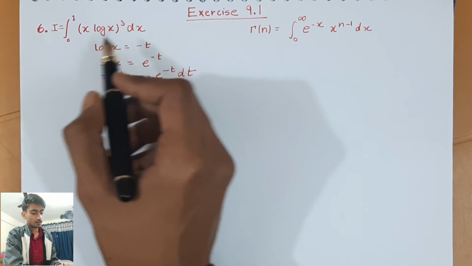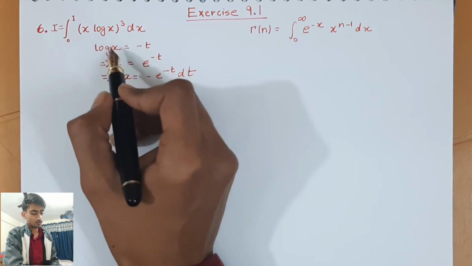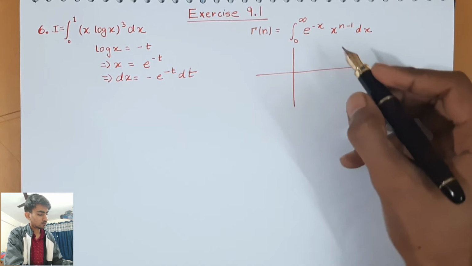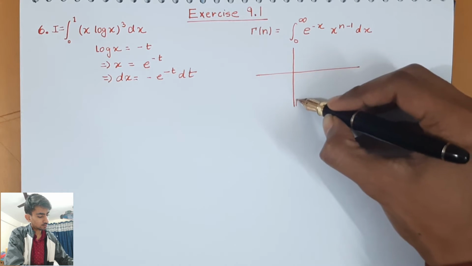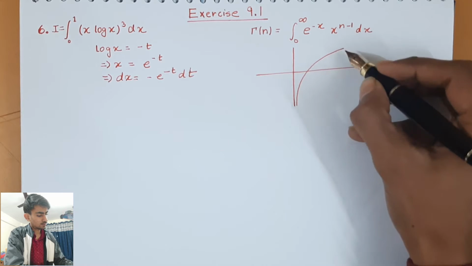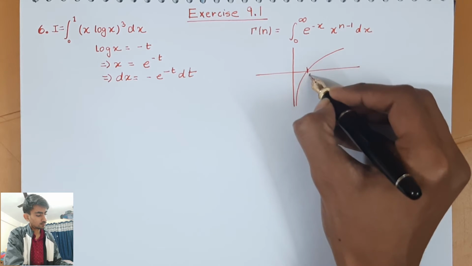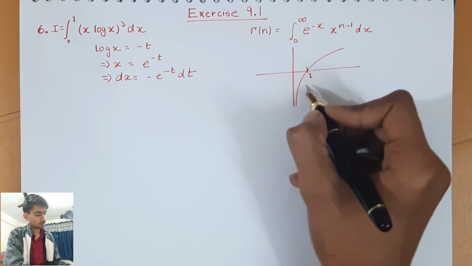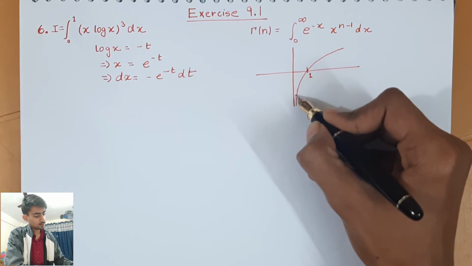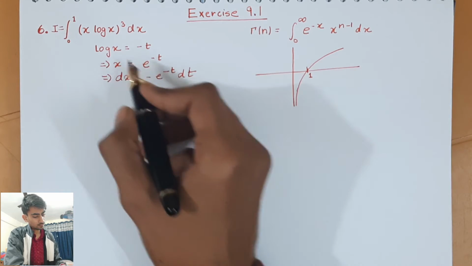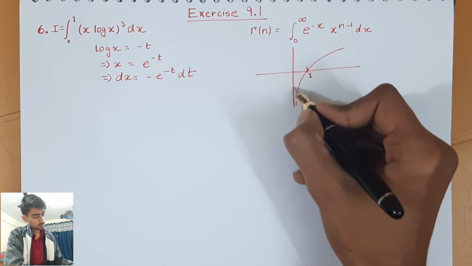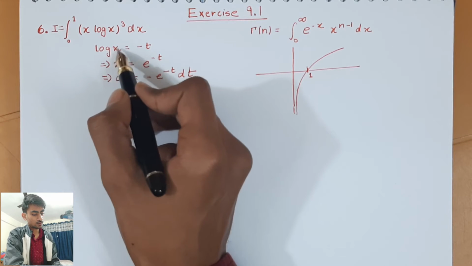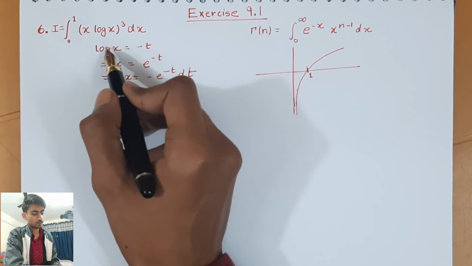Okay, and let's see what the limits would be when x is equal to 0. So you can see in the graph of log x, if you can recall what graph of log x looks like. It looks like this. When x is equal to 1, then log x is 0, and when x is 0, it asymptotically meets at minus infinity.